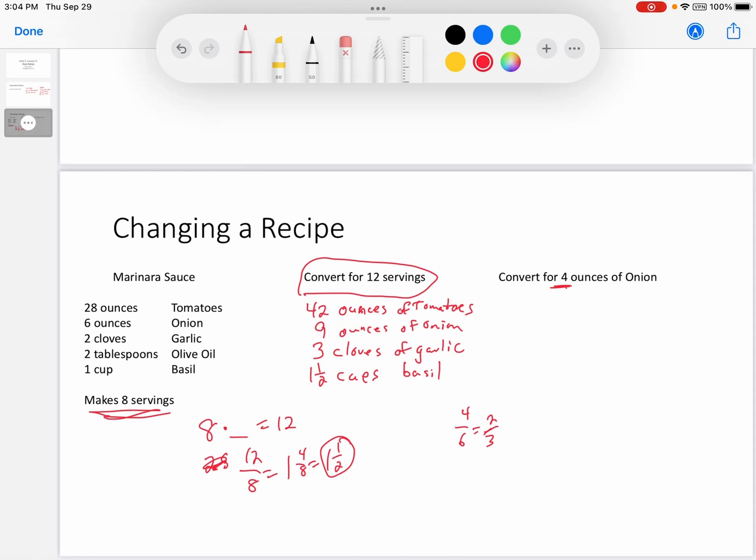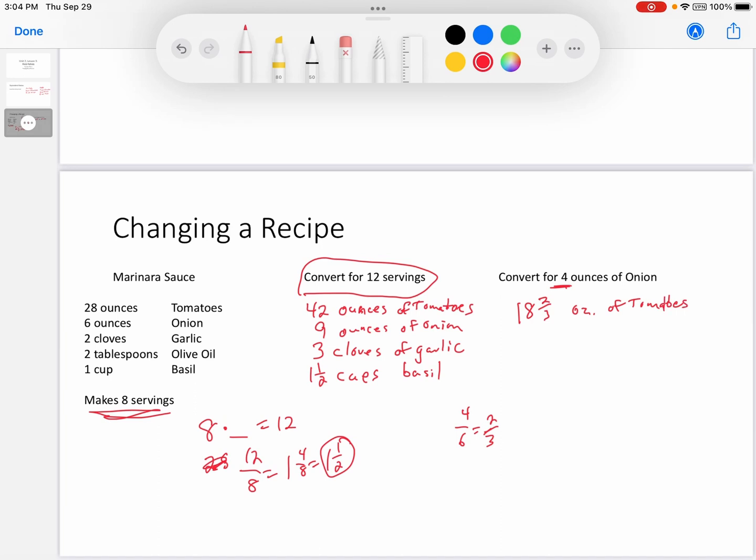All right, 28 ounces times 2/3. 28 times 2 is 56, and 1/3 of that is 18 and 2/3 ounces of tomatoes.